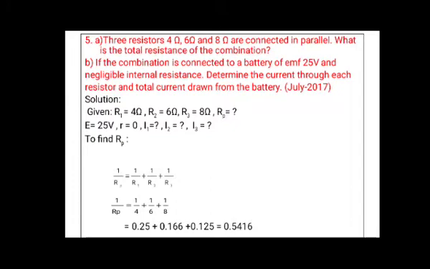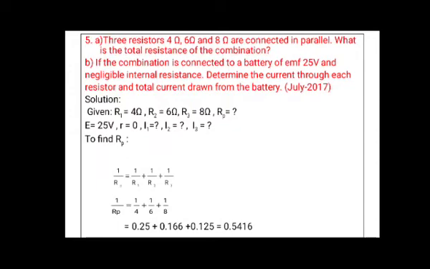So as we know, in parallel combination, potential remains the same, current divides. So we have to calculate current through each resistor now. Let us write first the given quantities. R1 = 4 ohm, R2 = 6 ohm, R3 = 8 ohm, Rp = how much?